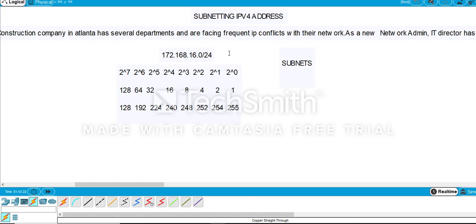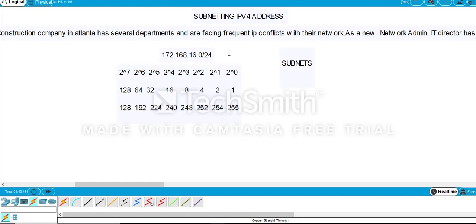You don't want to get short, so you want to borrow 4 bits, 2 raised to the power 4. That will give you 16. 16 is more than 9 subnets, so that is good. That puts you in a great position in case in the future you need IP addresses, and you'll be able to get IP addresses for future network scalability.